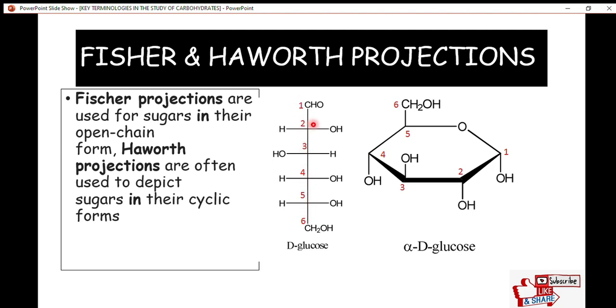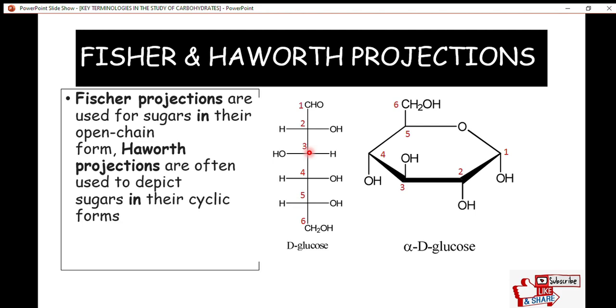Remember we talked about chiral centers and chiral molecules in our last video. In this compound we can determine some chiral centers. We can see that carbon 2 is a chiral center, carbon 5 is a chiral center, carbon 4 is a chiral center, and carbon 3 is also a chiral center.